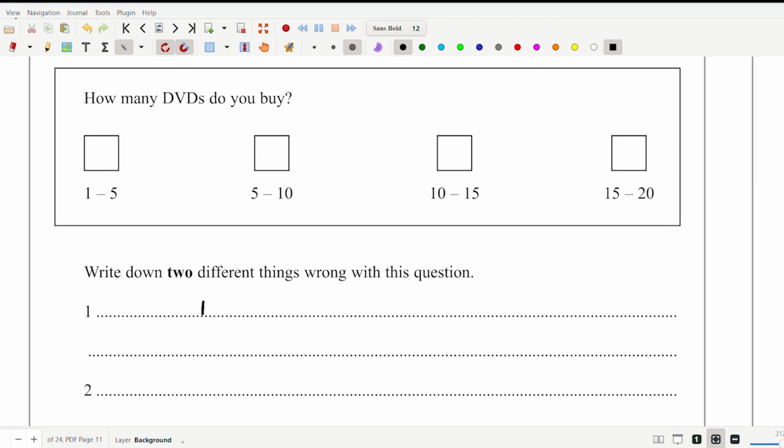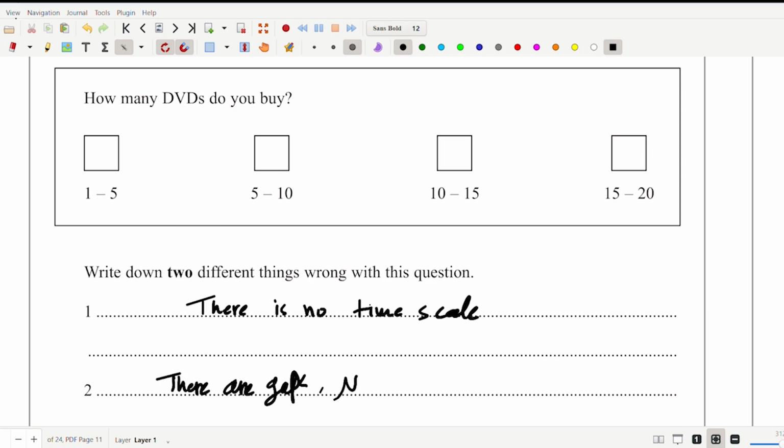So there is no time scale, and at the same time there are gaps: no 0, and nothing over 20.